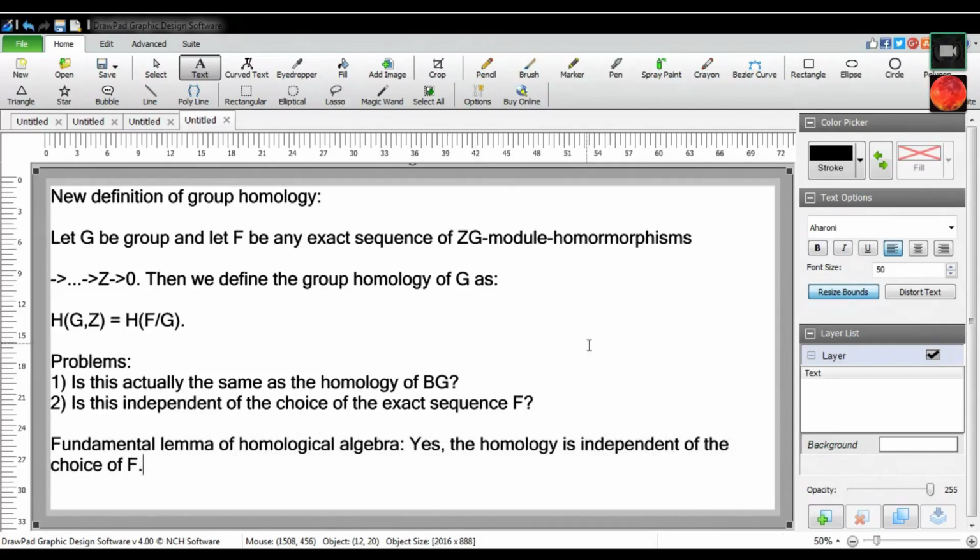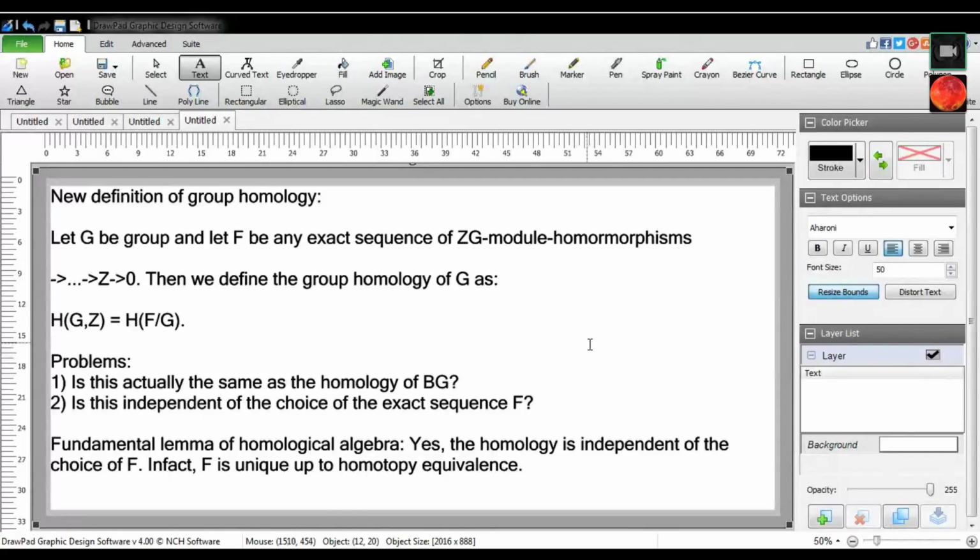This is actually a pretty strong statement. The statement is actually the following: F is unique up to homotopy equivalence. So in a kind of homological sense, there's only one such exact sequence, and all the others are just some squished version of this.